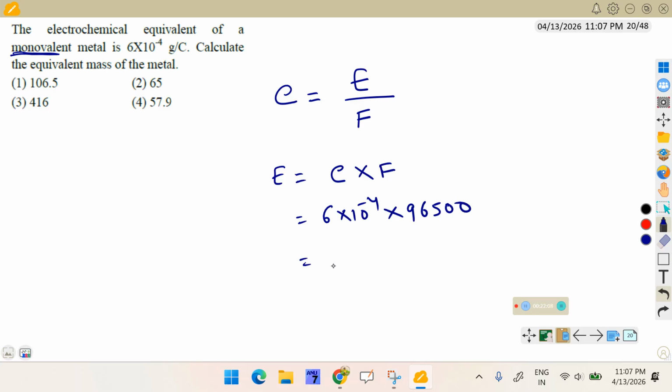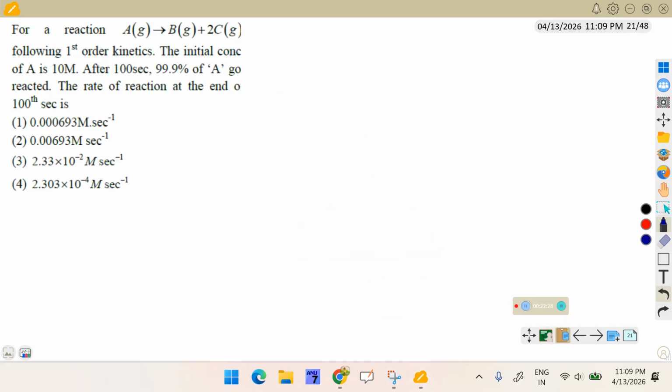Simplify. 6 into 965 into 10 power minus 2. Then 5790 into 10 power minus 2. It can also be written as 57.9.